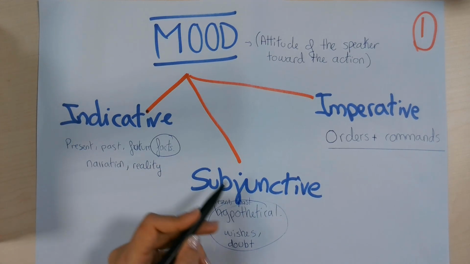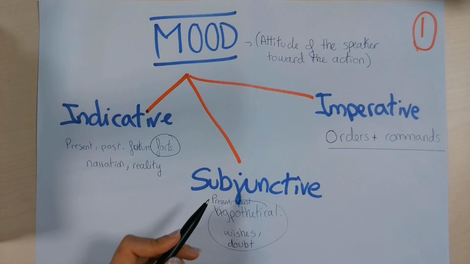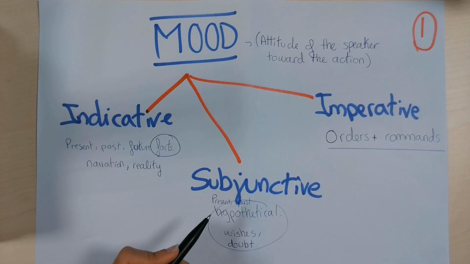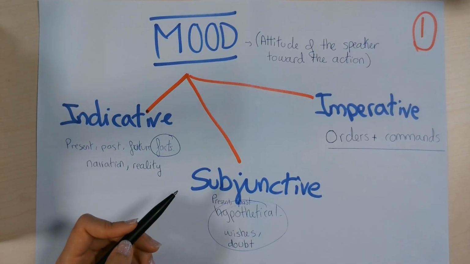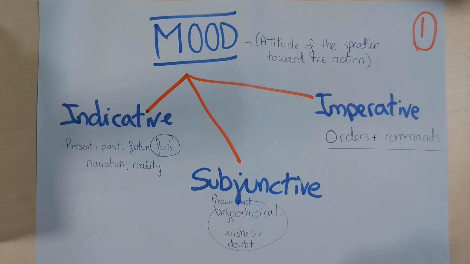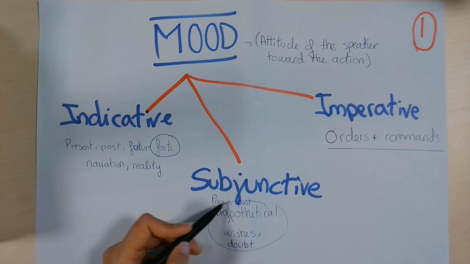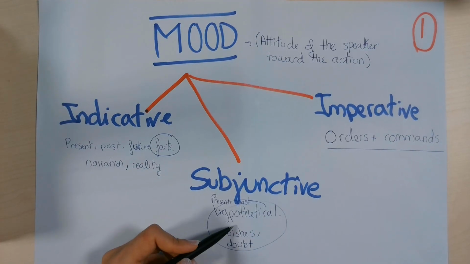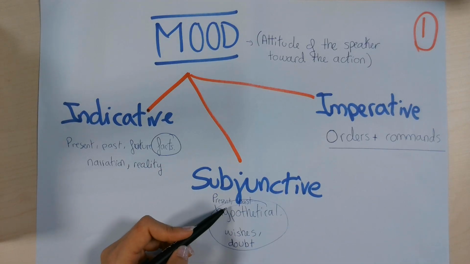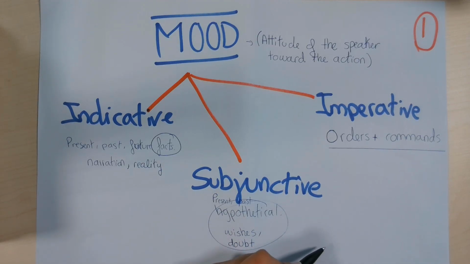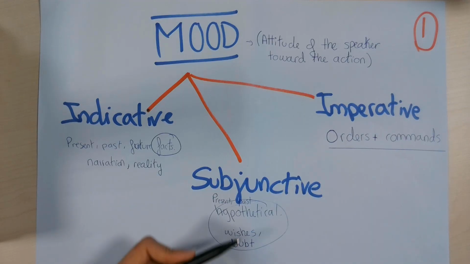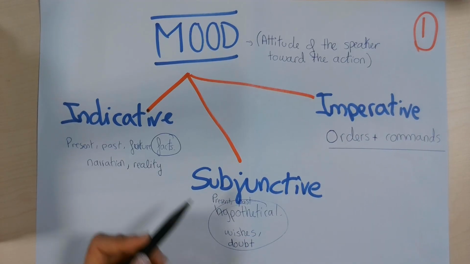When I talk about the subjunctive, if I say, if I have the opportunity, or if I had the opportunity, I would eat pizza this weekend, then I'm talking about a hypothetical situation. It's a wish. So if I had the opportunity, or if I were you, it's all something that it's not certain, it's not a fact.